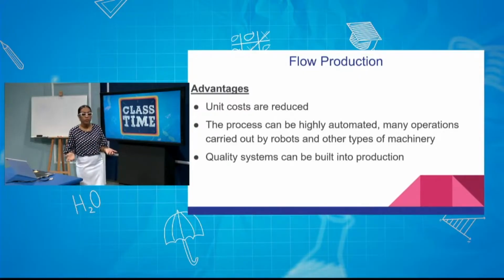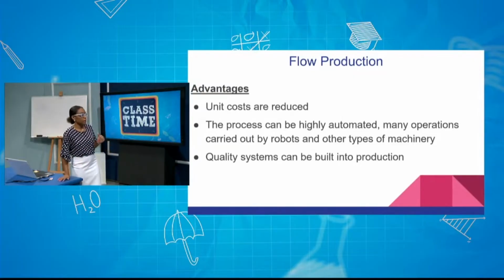We have robots built to carry out certain tasks in flow production. So, as I stated, it's not skilled but semi-skilled. The machines are there to assist you in getting the job done, because we're looking at bigger tasks being completed.